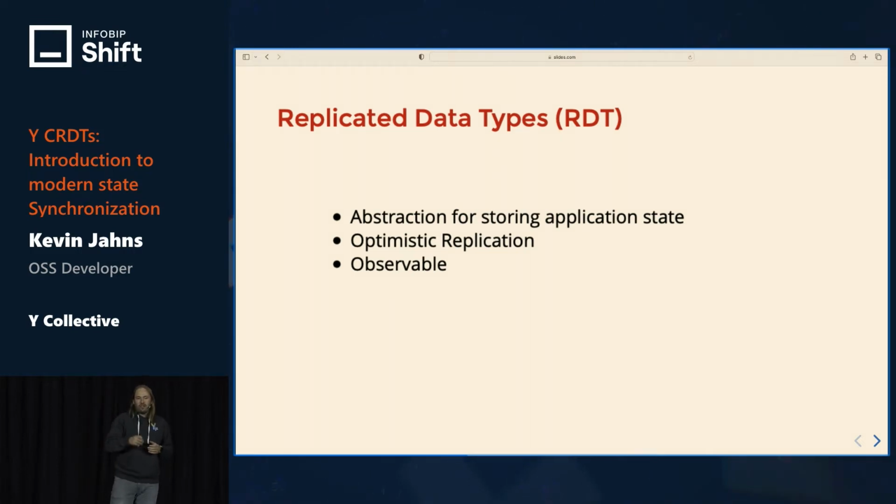All the changes that you perform on these data types automatically sync to the cloud, automatically sync to the other users. And whenever someone, you or another peer, updates a replicated data type, you get an observe event, a notification that something changed. This is something that all replicated data types have in common.